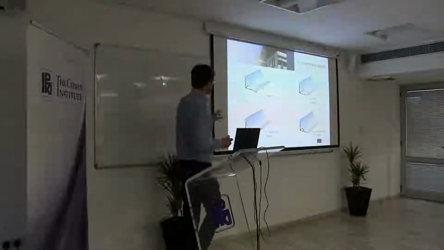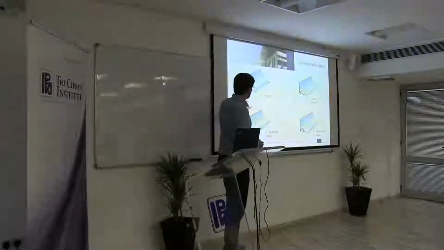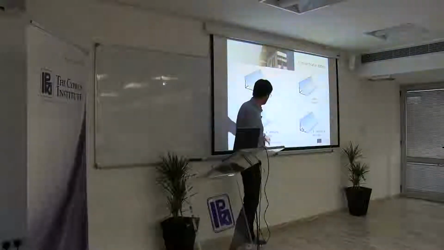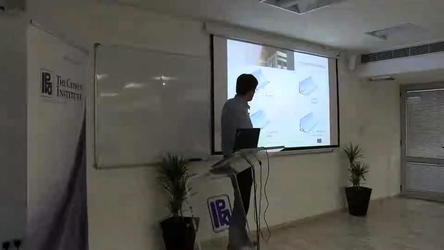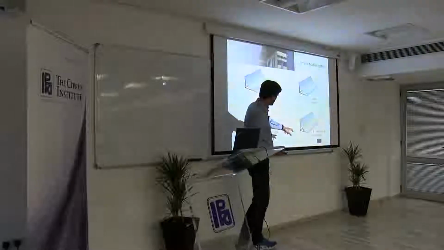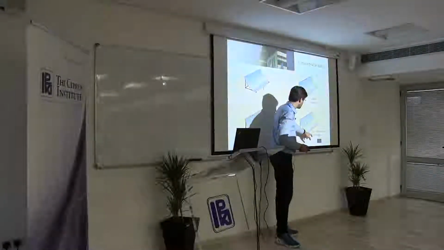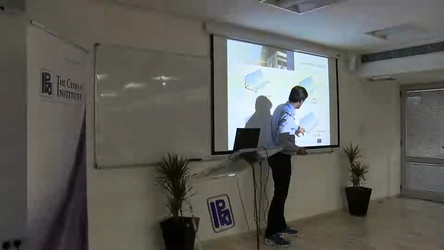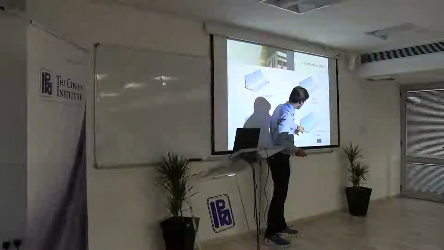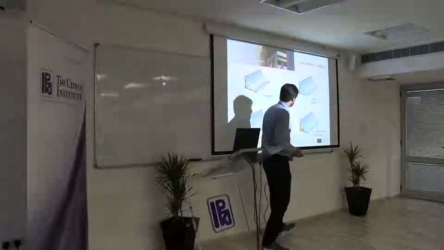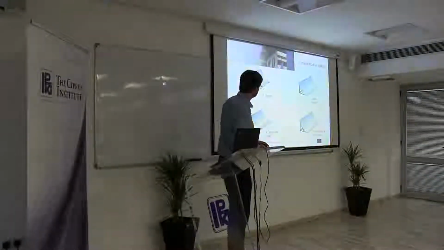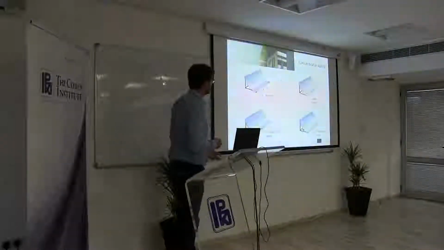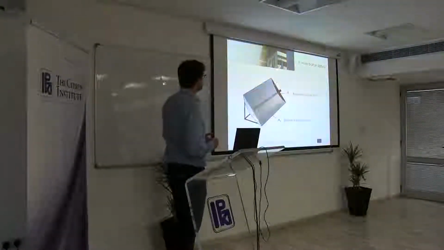To set the vocabulary, L is the length, A is the aperture or the width of the parabolic trough. Psi here is the rim angle, the angle between the optical axis and the edge of the parabola, and F the focal length. You know what the focal length is.